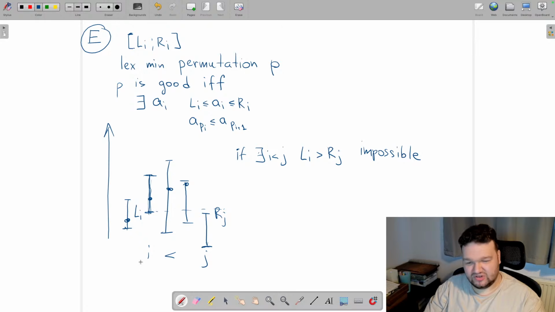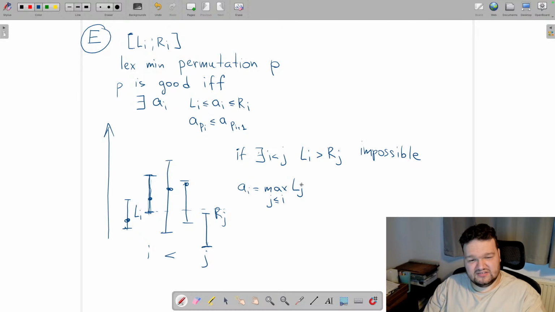If we do not have bad pairs of indices, then it is actually always possible to choose correct AI, and you can just do it greedily, go left to right, and always try to choose the smallest possible value, which actually will be the maximum of LJ over J to the left inclusive.